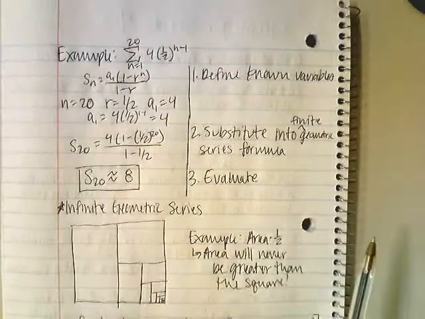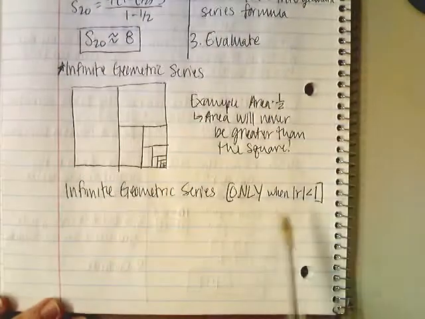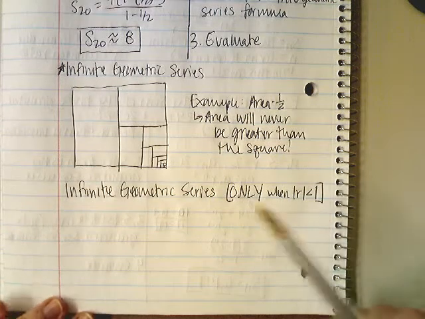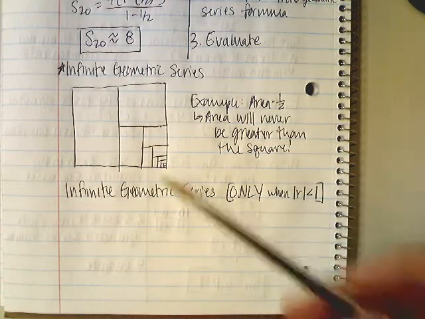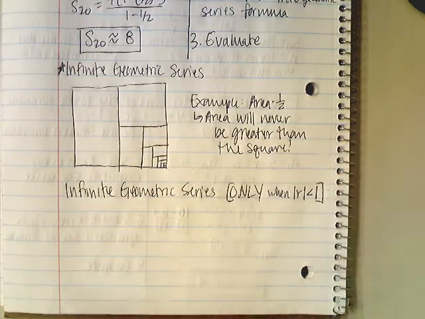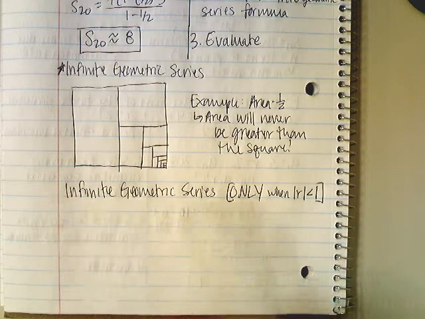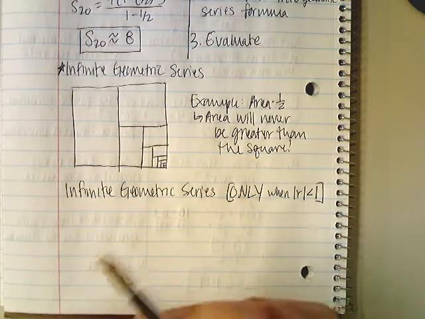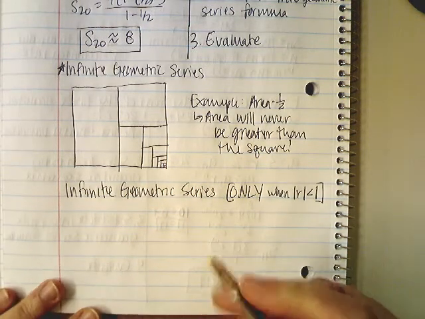If we wanted to work with 1/2, we could find the infinite sum of that. We cannot, however, find the infinite sum if R is 2 or 3, because that would continue to increase forever rather than decrease, and it would diverge rather than converge, if we're using technical vocab. So it only works when it's converging, or when your R value is less than 1.